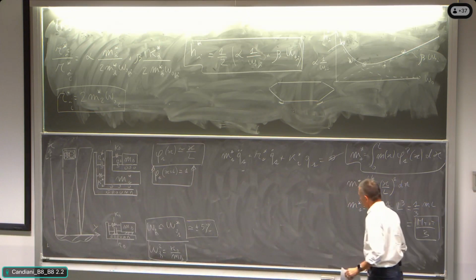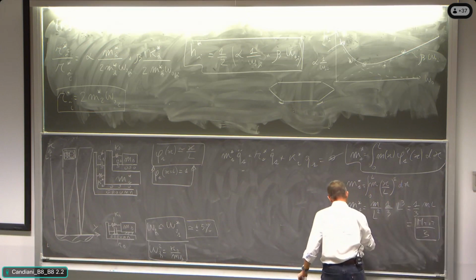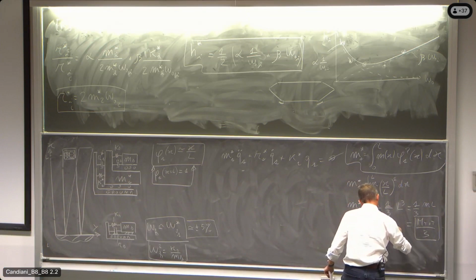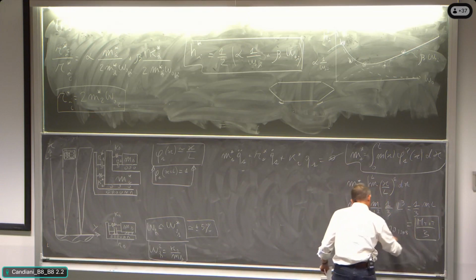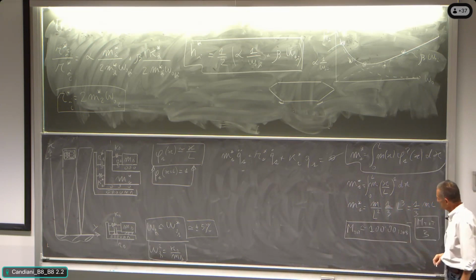The total weight of the Isozaki building is about 100,000 tons, more or less. This is the number that I have in mind that is a meaningful number for an object like that.